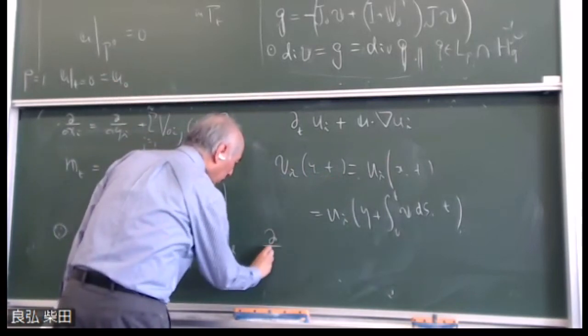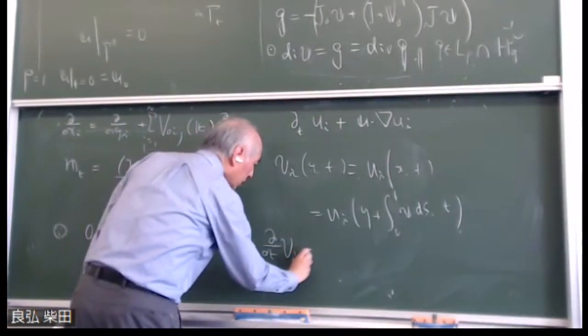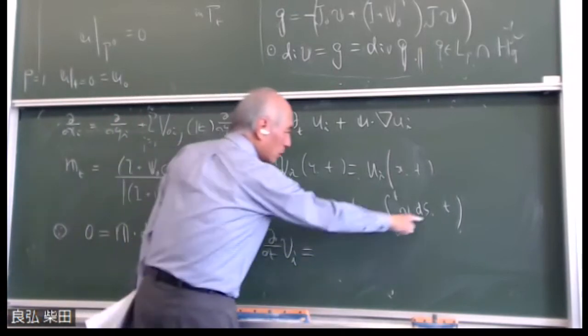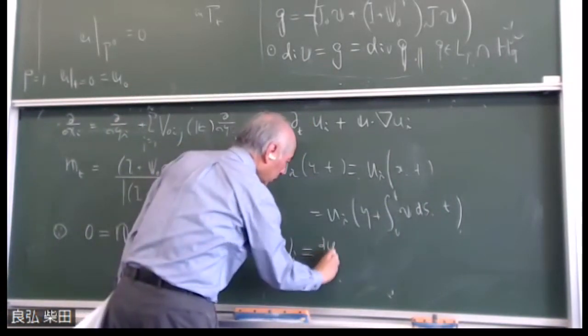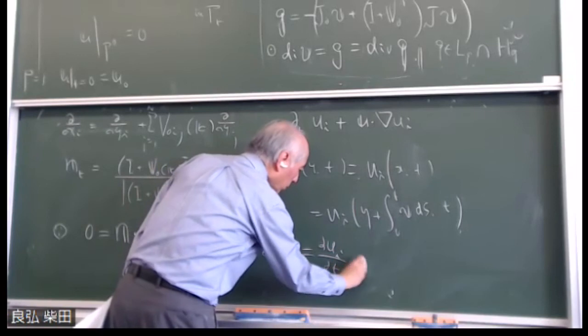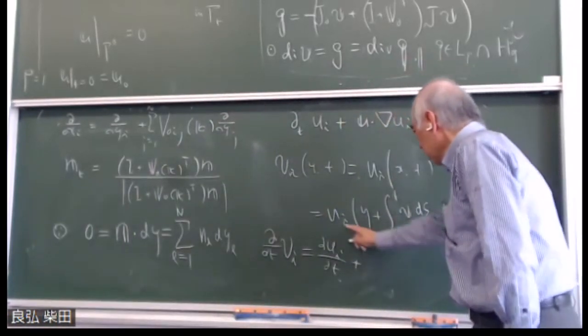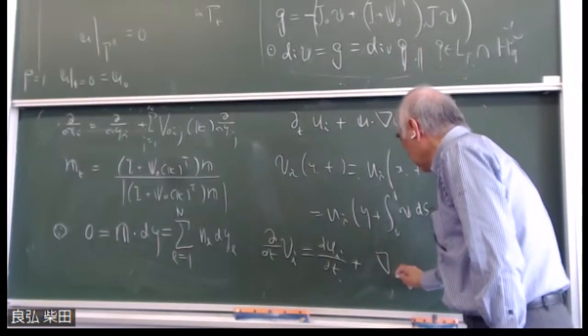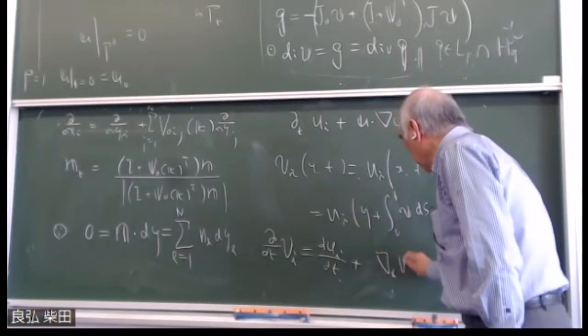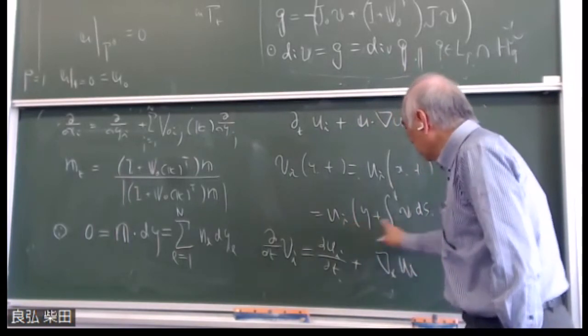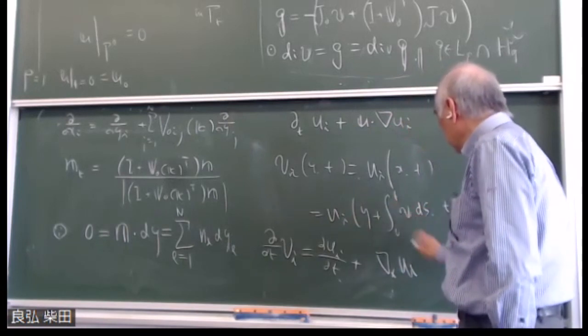Therefore, d dt of vi is equal to the time derivative here, ui dt. Also, you have the material derivative here, so gradient x of ui, and then here the d.